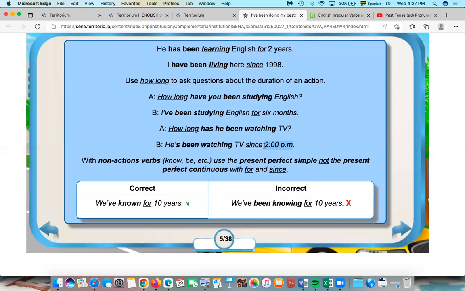But when you say the number of years, months, days, weeks, you say for 6 months, for 2 years, for 10 years, okay?